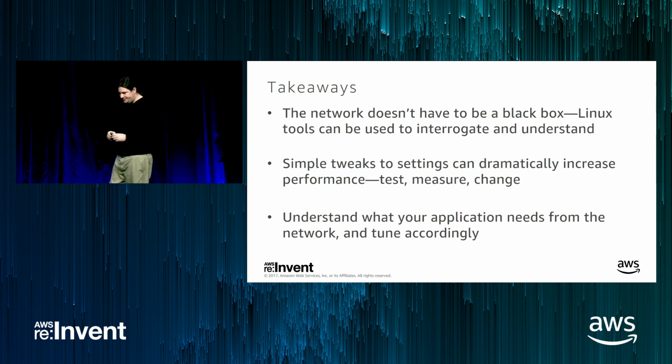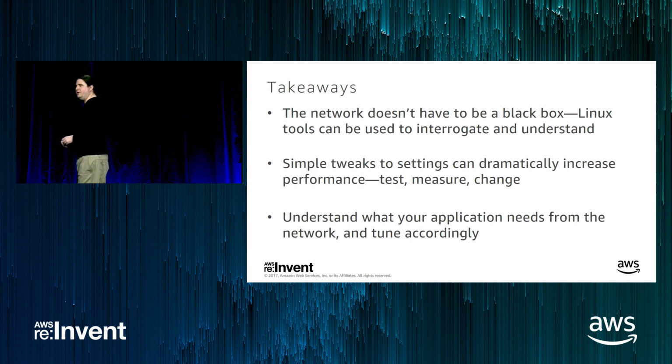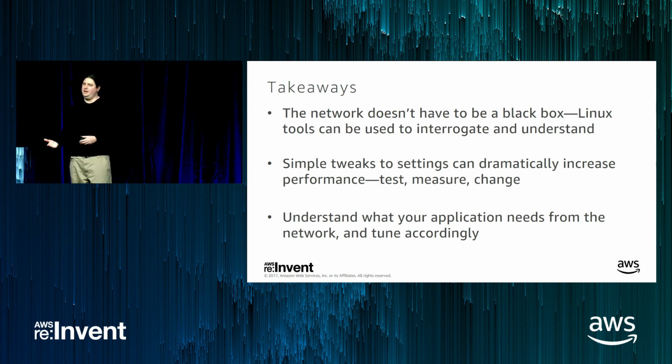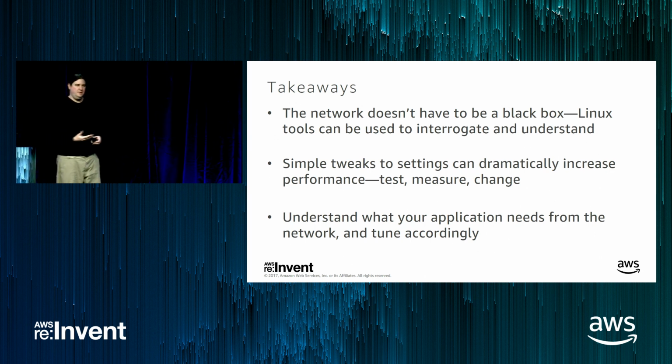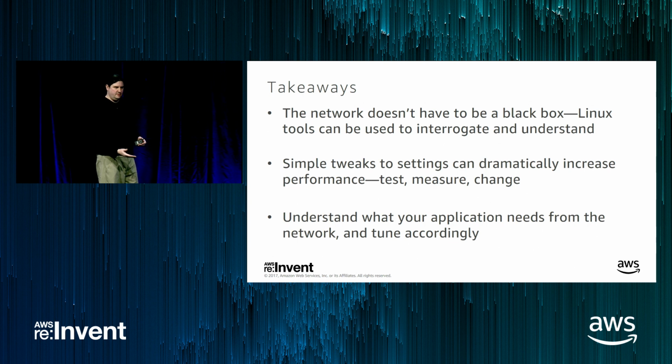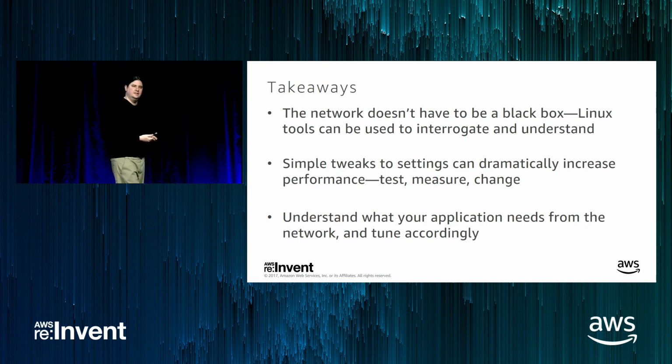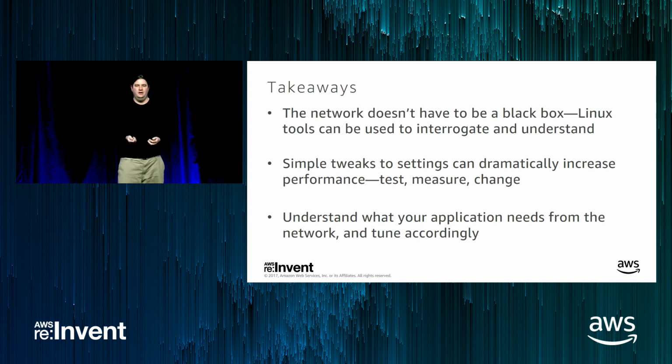And then finally, understand what your application needs from the network. If it turns out that the send queue that the socket statistics tool is telling me is 0, does that mean the network is a problem? No. Maybe my application has some global mutex, and it's butting against itself. Is it really blocked on the network?